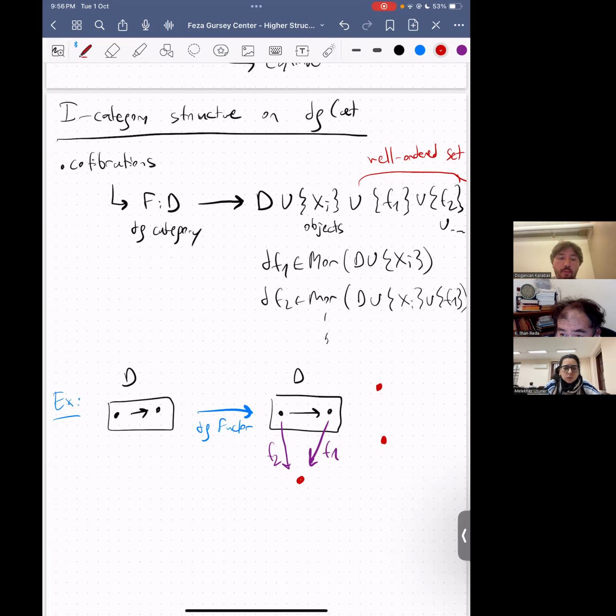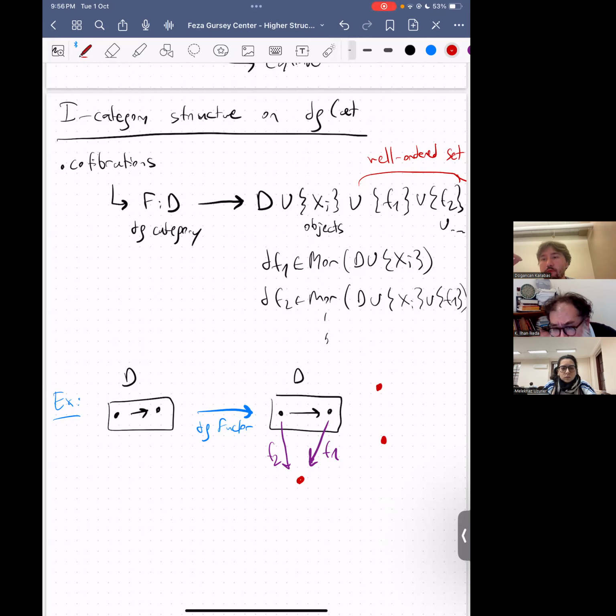It's a transfinite process, and it doesn't need to be countable.